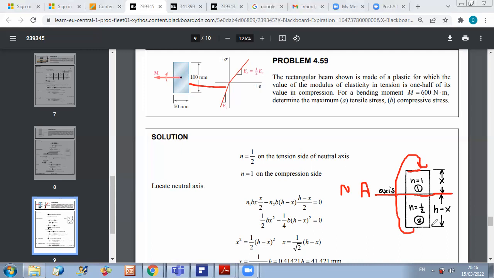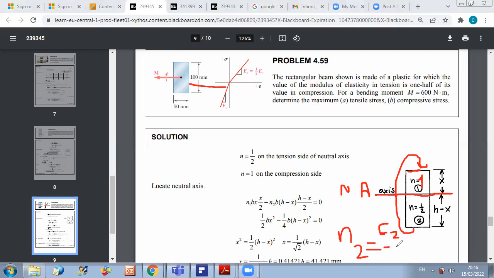And let us take the reference material. For example, you can select the reference material as you want. Here, they selected the reference material in the upper part. So we can say that for the upper part, n is 1 because this is the reference material, while n for part 2 is E2 over E1.